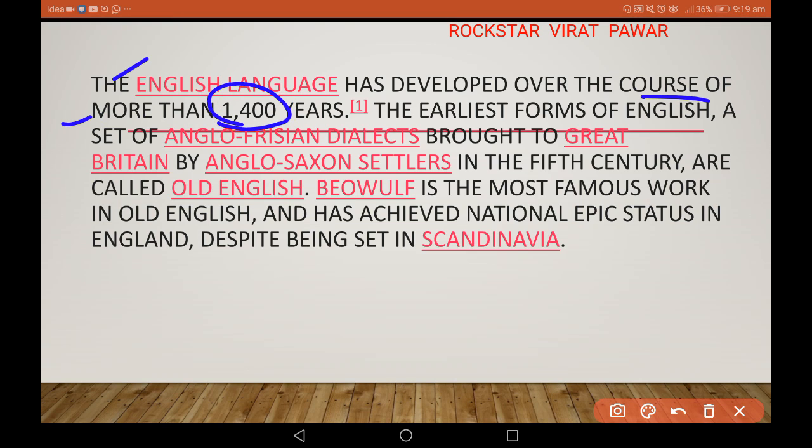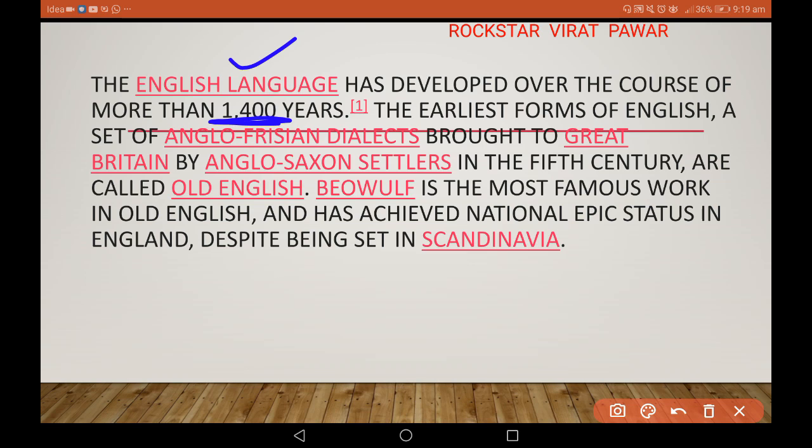English literature is a developing process. When we study any literature, we have to go through various topics, and English language improvement takes 1400 years and beyond, so we have to study all these years and these chapters.